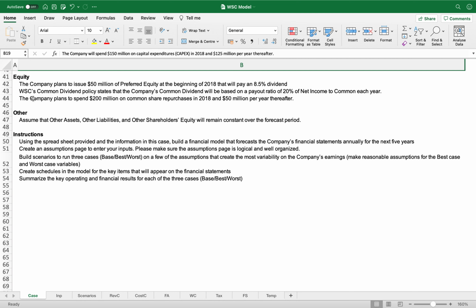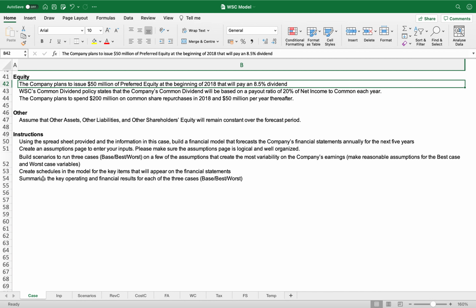So what do we have in equity? We are given that the company plans to issue 50 million of preferred equity at the beginning of 2018 that will pay an 8.5% preferred dividend. Right? So you are going to issue preference shares amounting to $50 million in 2018, and the preference dividend rate is 8.5%.